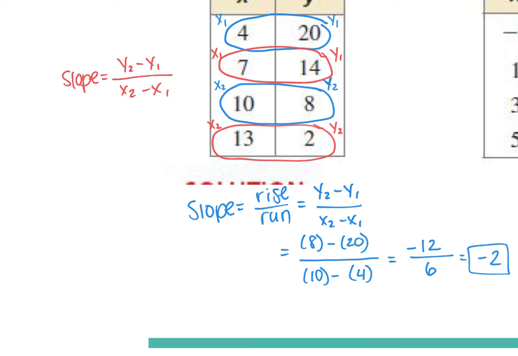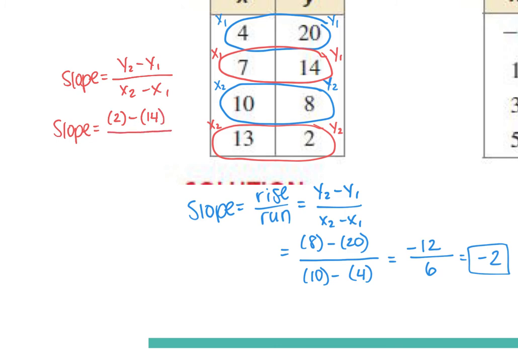Okay, y2 here is, for the red points, what was y2, Nick? 2 and y1 was 14. 2, good, minus, and then y1, which was what, Nick? 14.